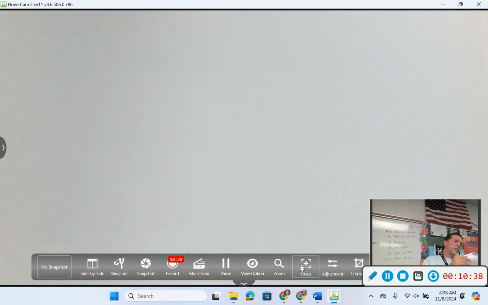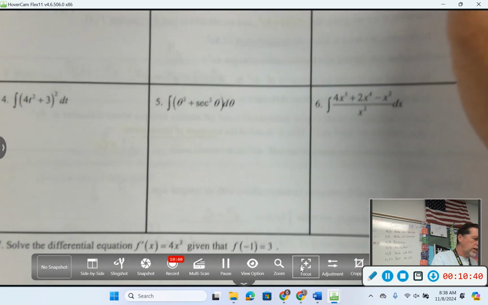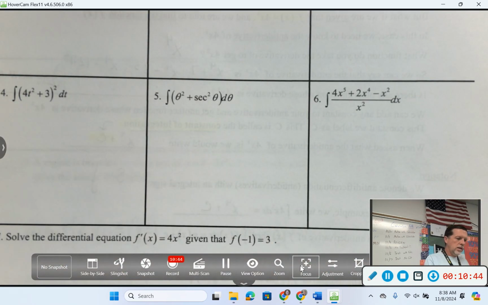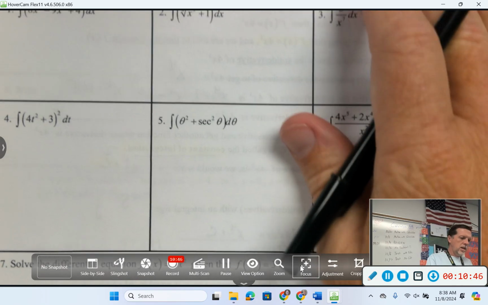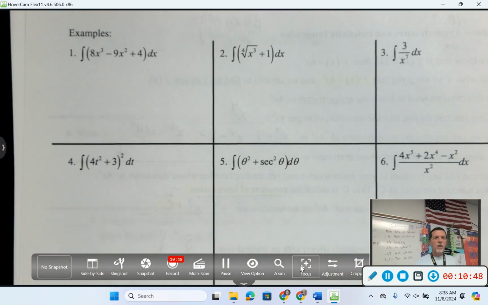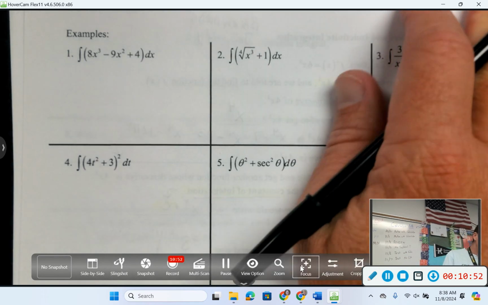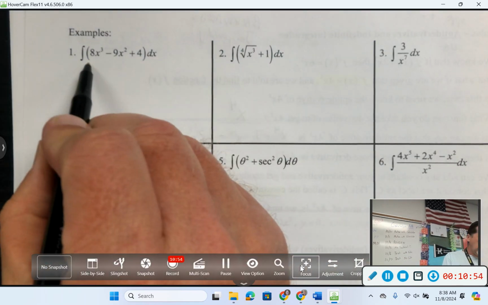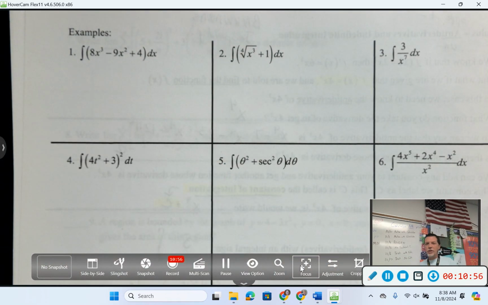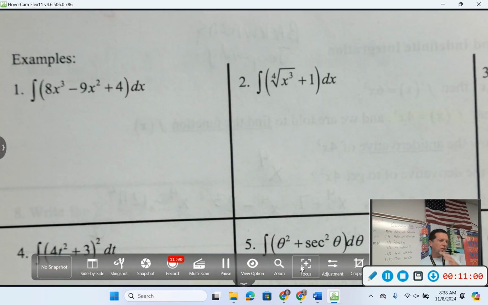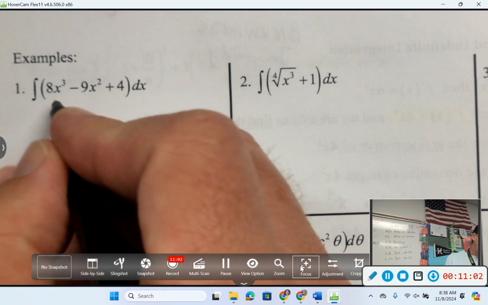All right, let's do some example problems here. All right, antiderivative of 8x cubed minus 9x squared plus 4. Okay, again, some of you are just going to sort of reason through these. I think I'm going to go a little more formulaic approach on some of these.